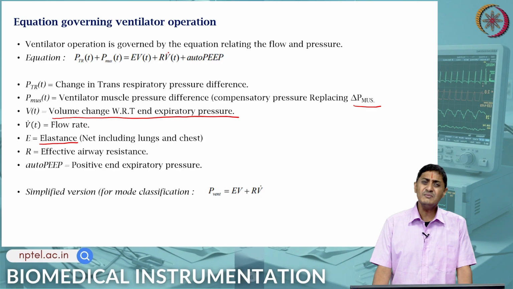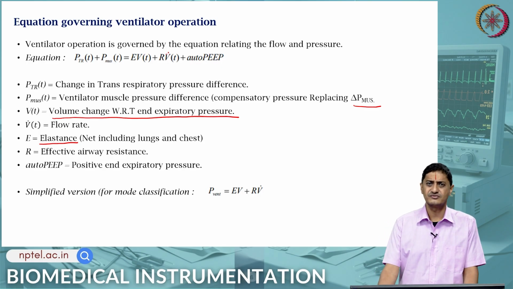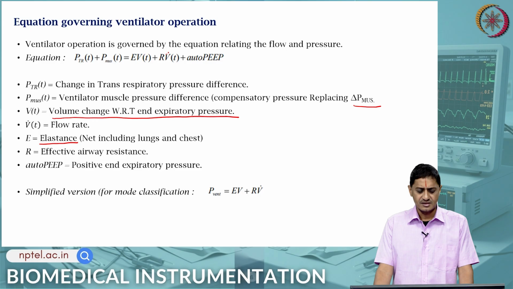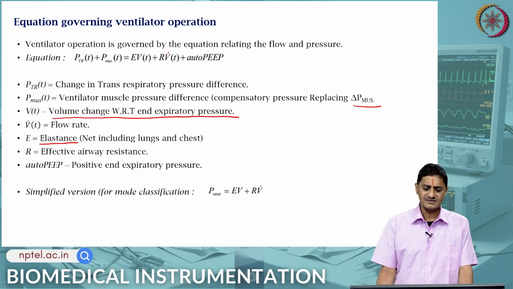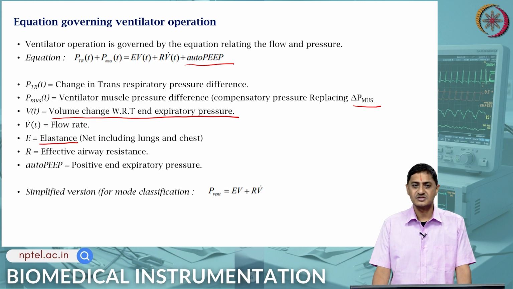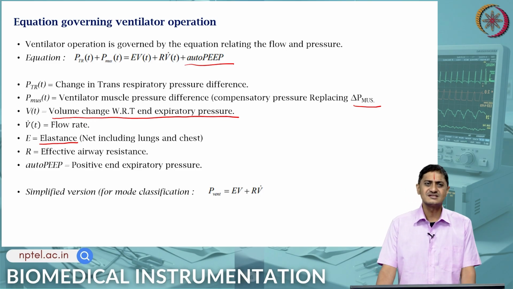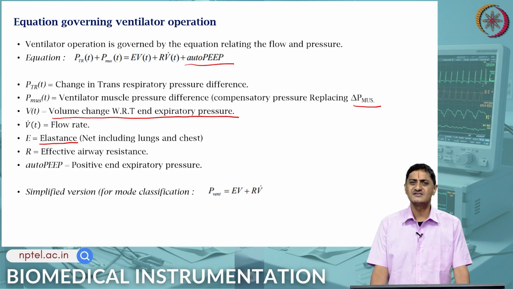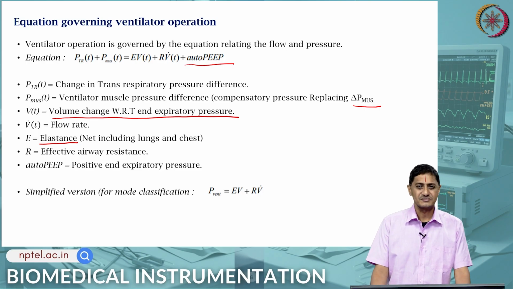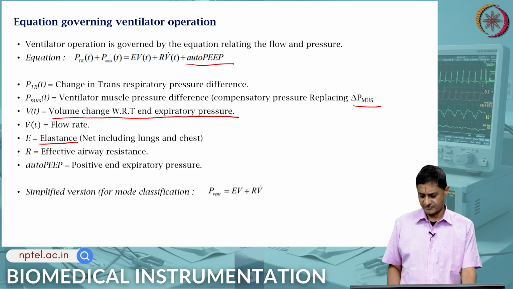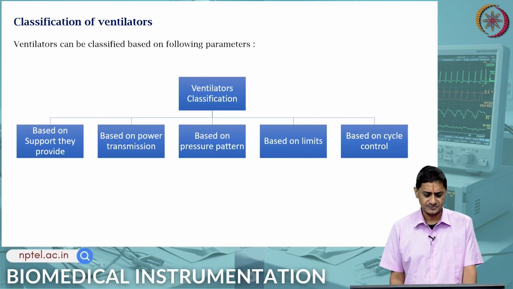V dot is the time rate of change of volume, that is flow, plus the setting that you give, auto PEEP. This is the positive end expiratory pressure that you expect. If you want to simplify this a little bit, you can leave out some of these. Essentially this ventilator pressure is the sum of elastance times the volume change plus resistance times the flow rate. That is a simpler version of this equation.